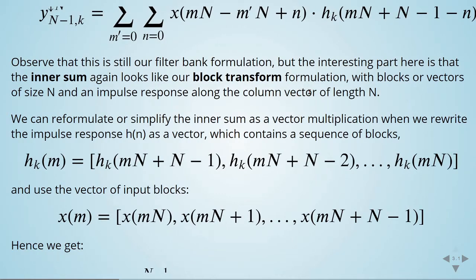We can reformulate or simplify the inner sum as a vector multiplication when we rewrite the impulse response h of n as a vector which contains a sequence of blocks. So this is now the impulse response h of n as a vector. And we will use the vector of input blocks given here.